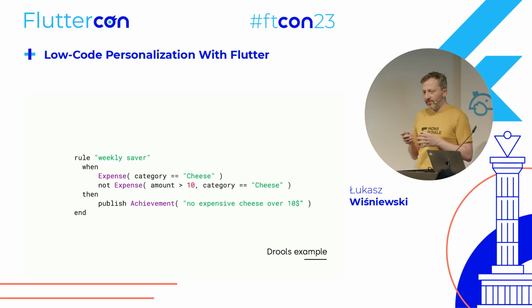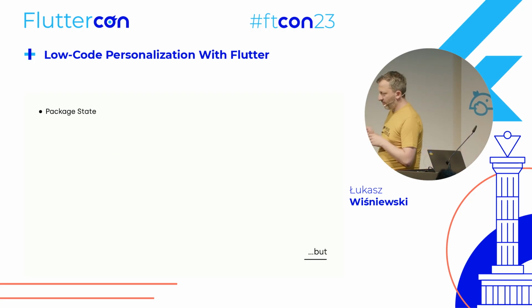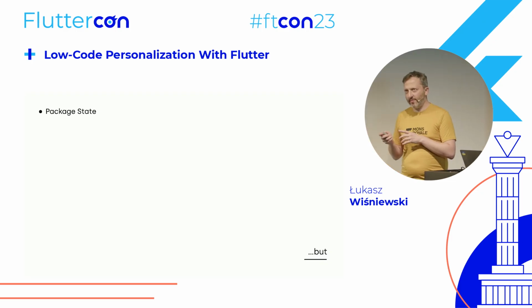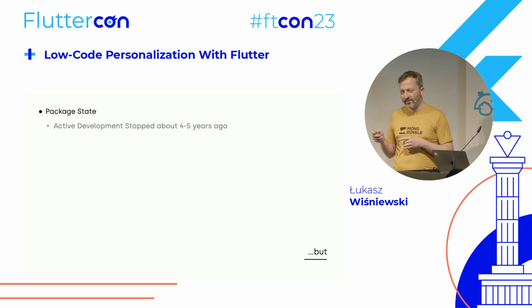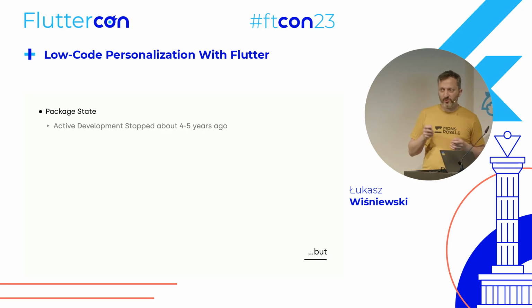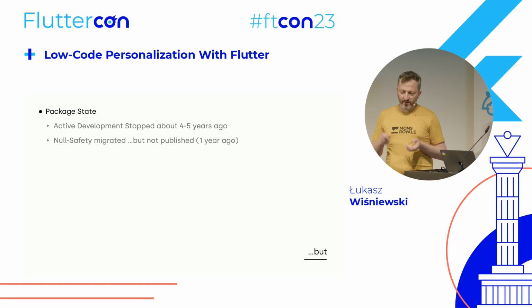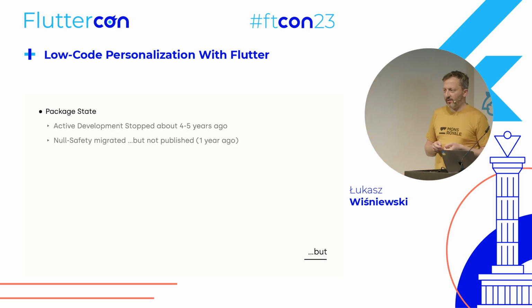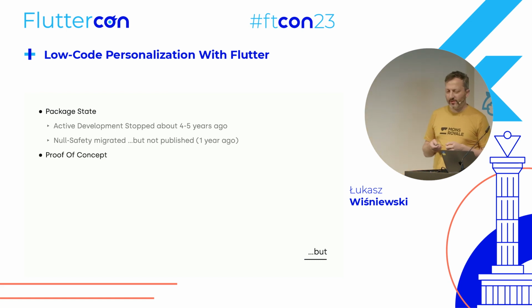And it looks good on paper. Just the library wasn't, I mean, the active development on it stopped around 4 or 5 years ago. Someone moved it to null safety last year. It got merged, didn't get published. But it's good enough just to start to play with it. So I did. And it turns out it's more of a proof of concept.